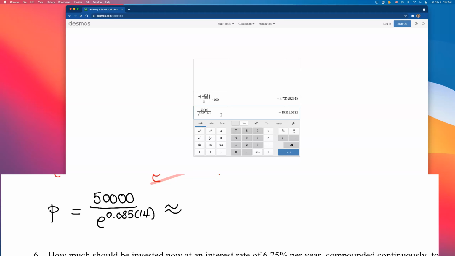And the amount that this couple need to invest today is $15,211.06.